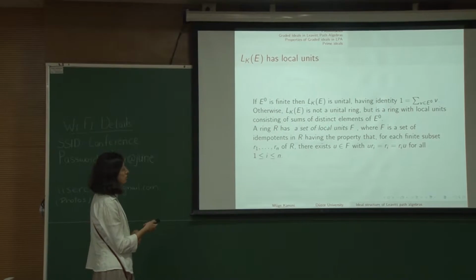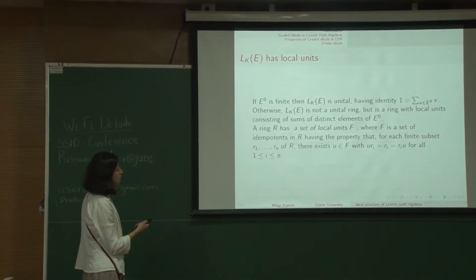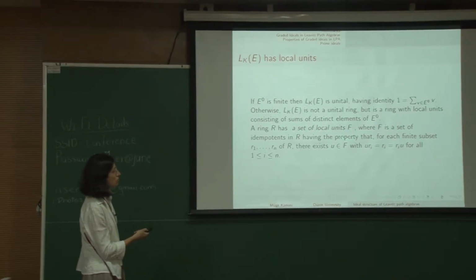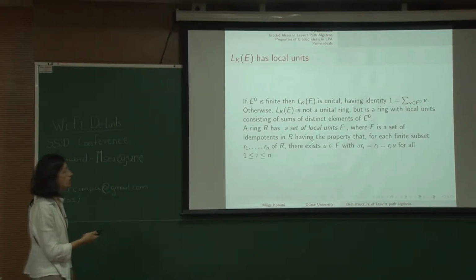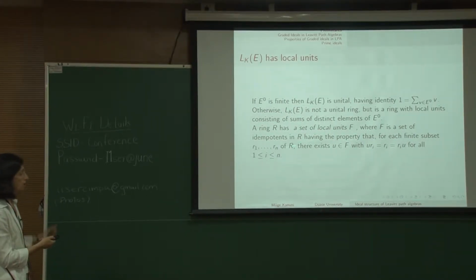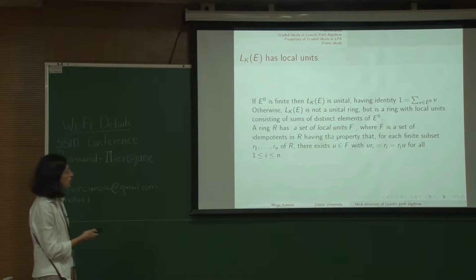To recall what a ring with local units is: a ring R has a set of local units F, a set of idempotents. The vertices are idempotents, and so are the sums of the vertices.